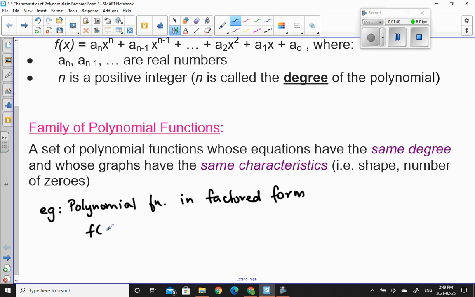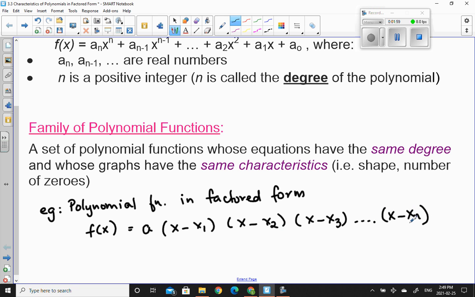Let's say f of x equals some leading coefficient a times x minus x1 times x minus x2 times x minus x3, and so on and so forth, and the last term is x minus xn. Then x1, x2, x3, and so on to xn are the zeros of the function, right?